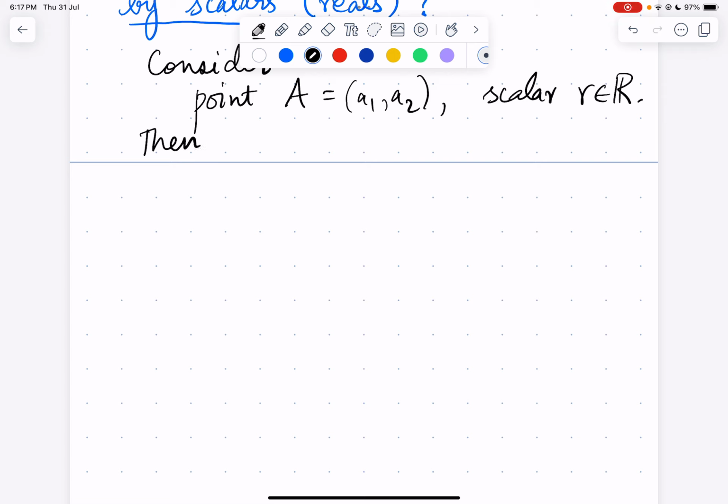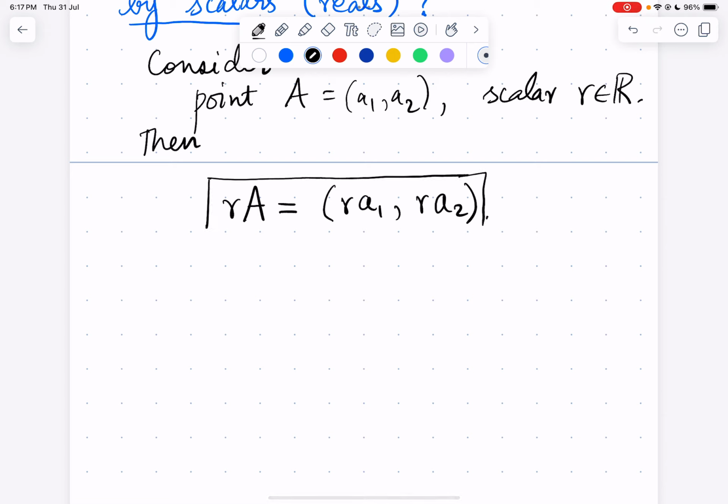Then the scalar R times this point A is just, again, component wise multiplication by R, which gives the point R times A. This is how we define a scalar times a point. A real number times a point is just component wise multiplying the components by the real number.